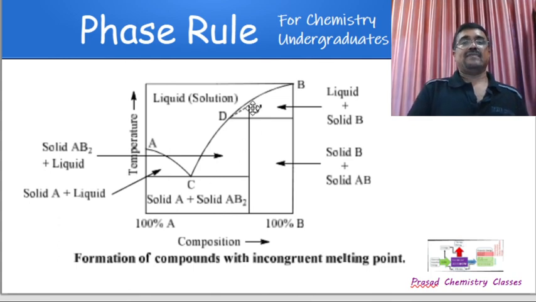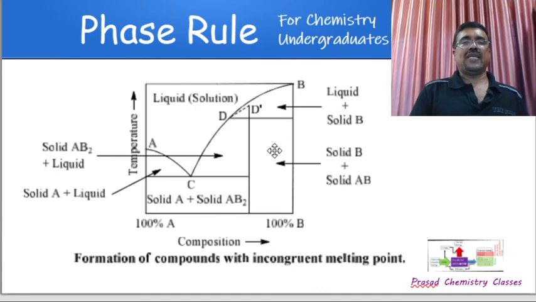D prime here is what we call the metastable equilibrium, where we have the theoretical melting point of our compound. We can reach it if it does not decompose. D prime will represent the theoretical melting point.